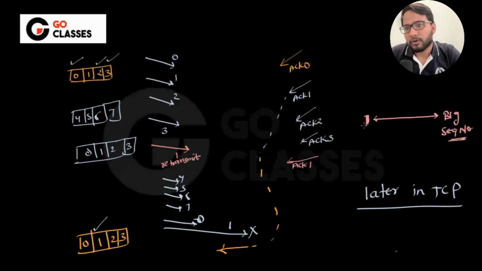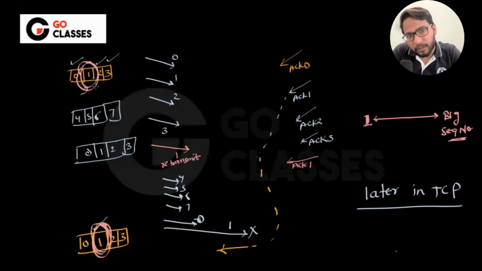So whenever you repeat data packet 1 again, after 7 you won't directly get 0. There will be many other sequence numbers, and then you will restart.